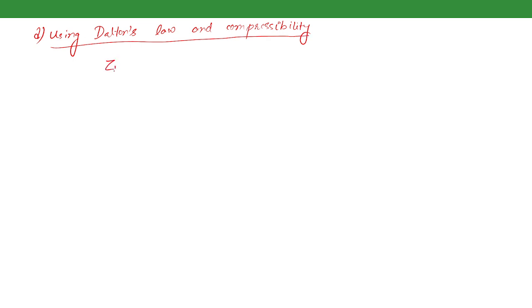Now, Z for the mixture for Dalton's law is given as the summation of Yi Zi.